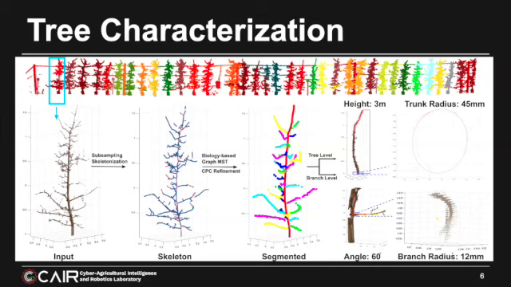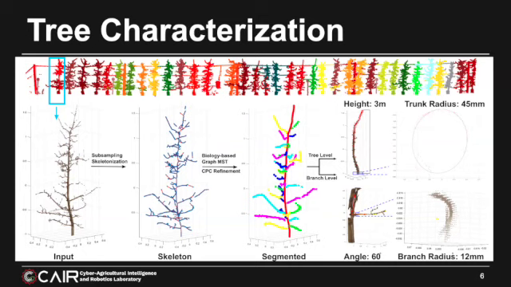For example, at the tree level, we measure the total tree height and the trunk diameter, and then at the branch level, we measure their radius or diameter, and we also measure their angle with respect to their parent branches. In this case, if we target primary branches, their parent branch will be the trunk itself.